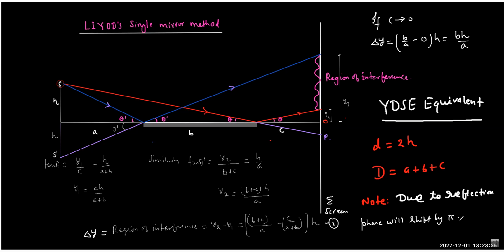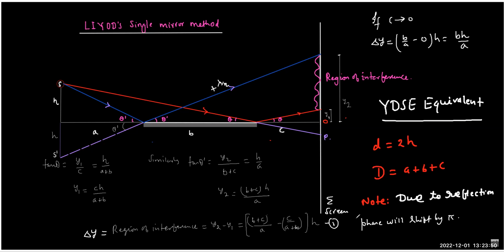So what we'll do in solving questions, we will take that path as lambda by 2 extra. So for every reflected light, you can add lambda by 2. That's a thumb rule. You can always proceed that way, or you can subtract also, but it is always good to use the addition. Okay.